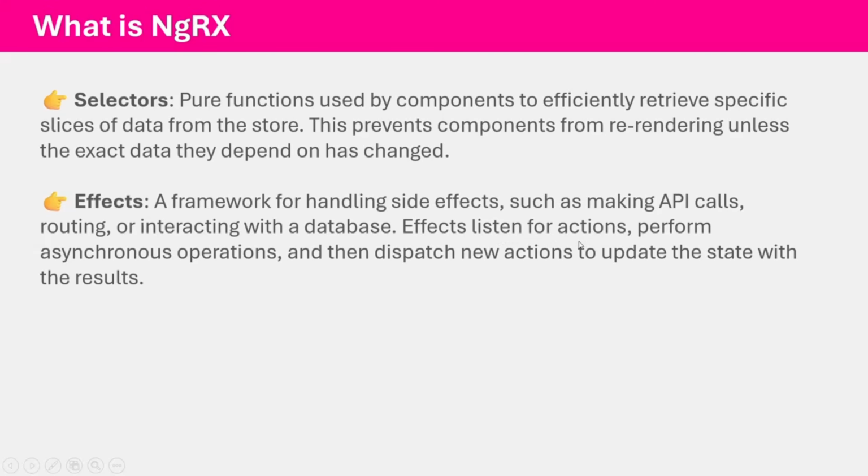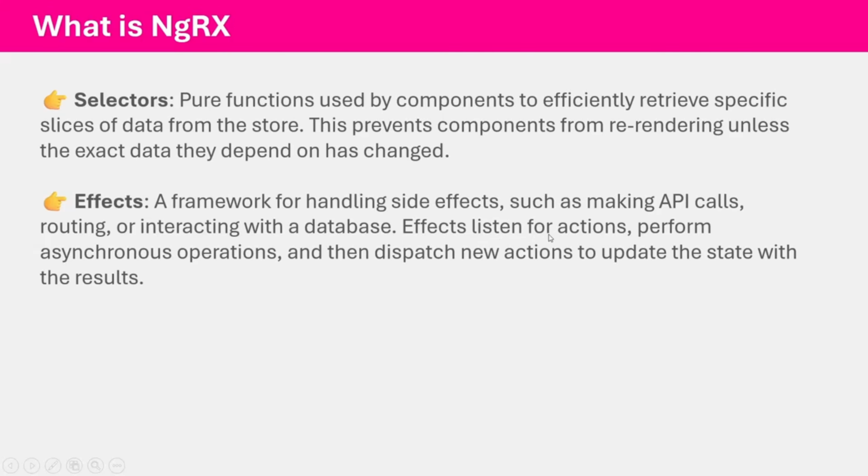So effects listen for actions, just like reducers do. Some actions can be handled by a reducer, but actions which involve a side effect, like making an API call, will be handled by effects. But effects internally also have to dispatch an action which will invoke a reducer function, because as I mentioned, only a reducer function can change the state.